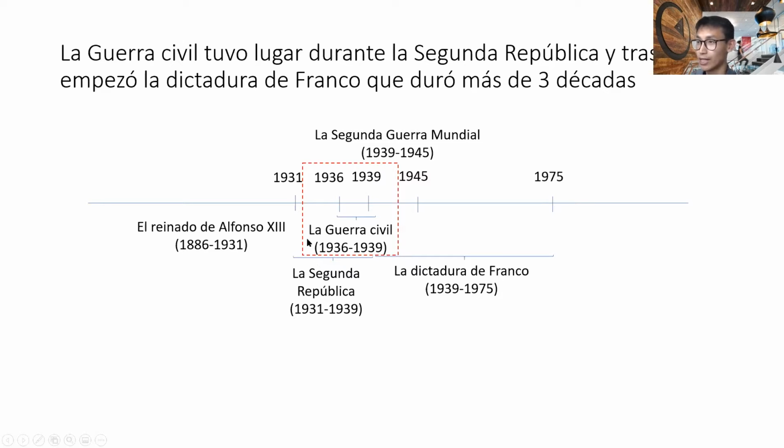The Civil War ended with the dictatorship of Franco, which lasted a long time, more than 3 decades, from 1939 to 1975. That was a long dictatorship in the 20th century.